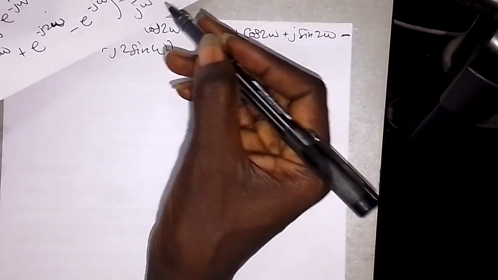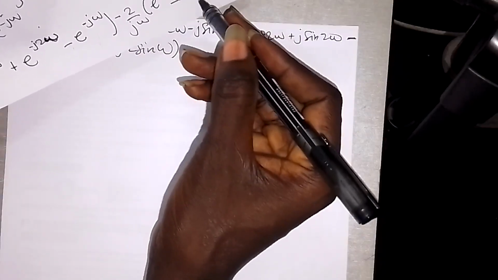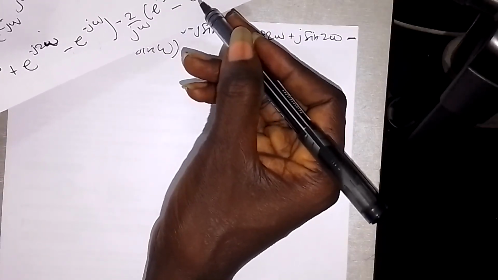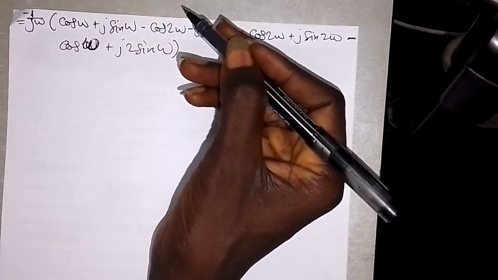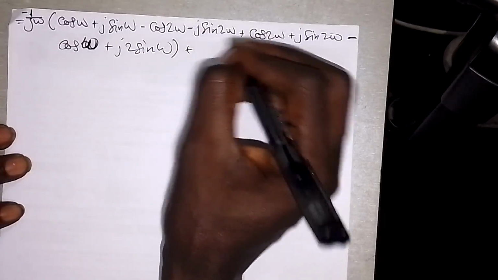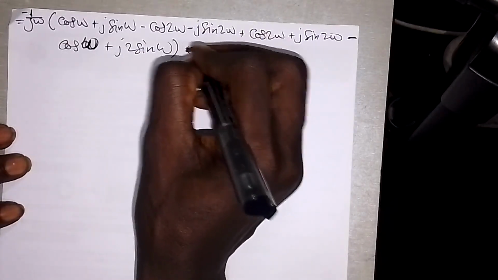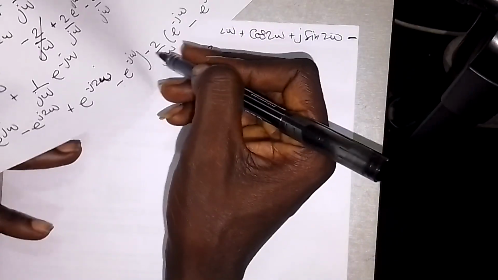Then if you come here, it will be cos omega minus j sine omega, then cos omega plus j sine omega, but this minus will affect it. Okay, so here then I'll have the minus, it's not plus, it's minus, because you see that it's minus here.